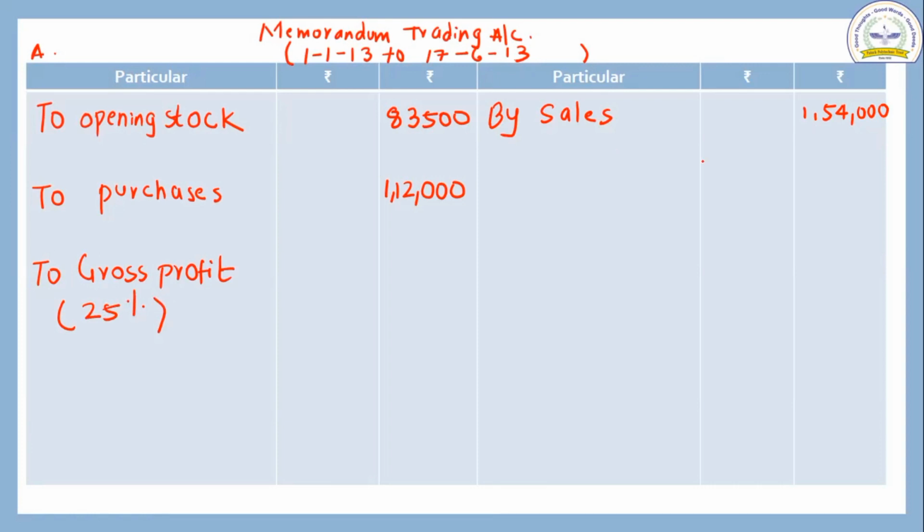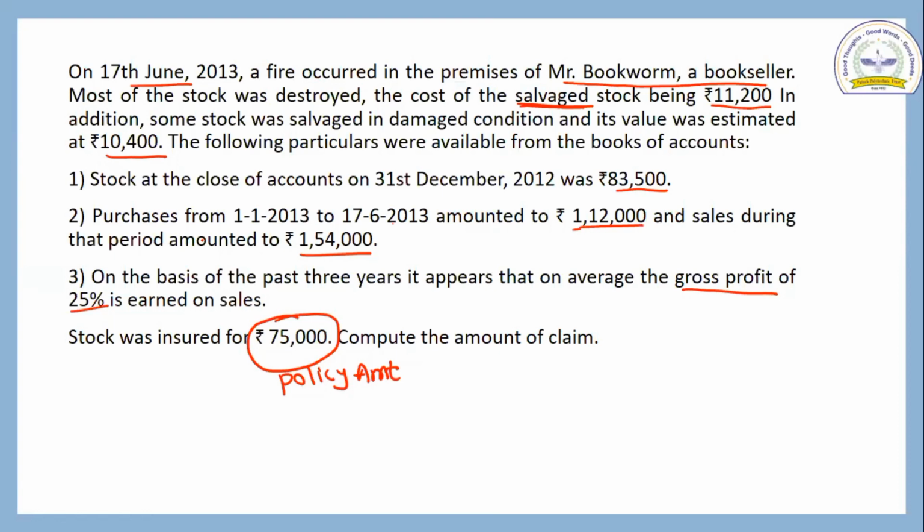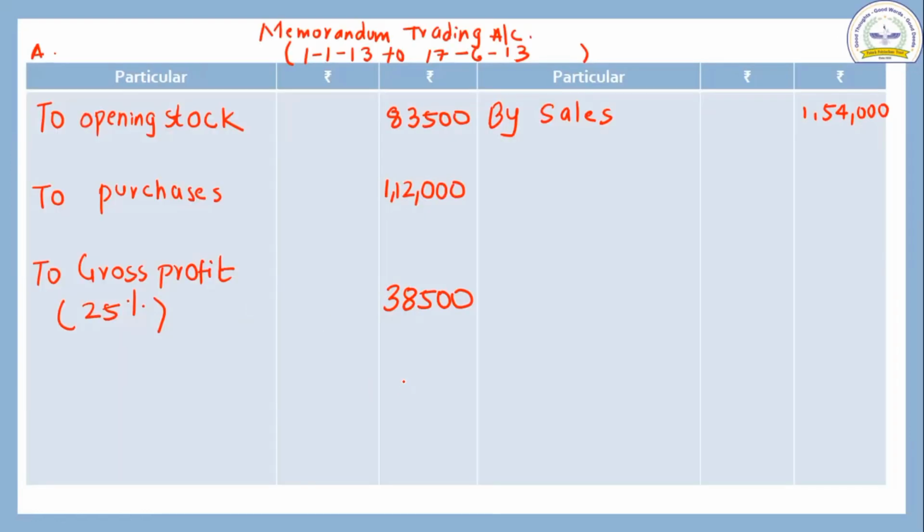So we will calculate 1,54,000 multiplied by 25%. Here you will get the amount, student, 38,500 rupees. You can calculate on the calculator, student. So 38,500 is the answer. And is anything else given? Nothing is given. So you can close this account, student.